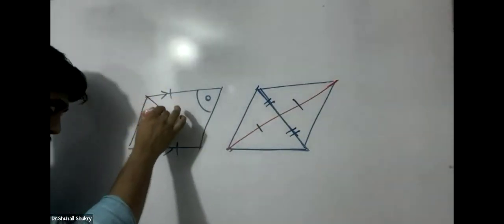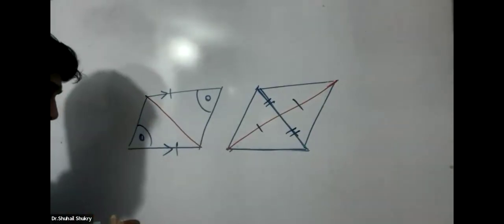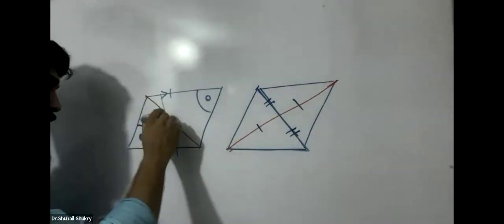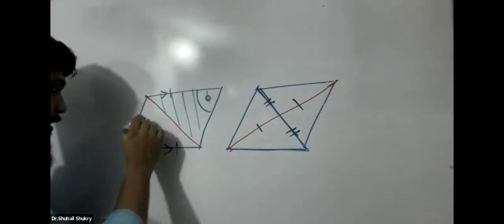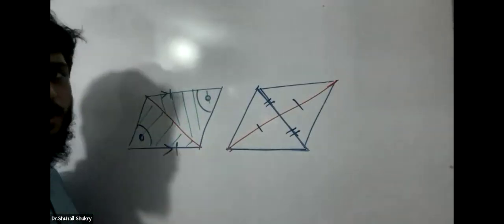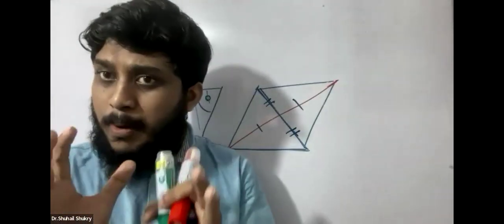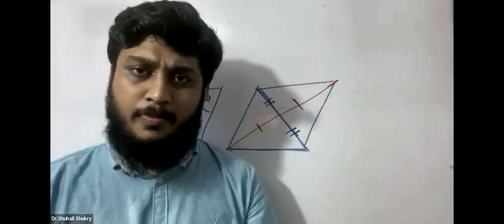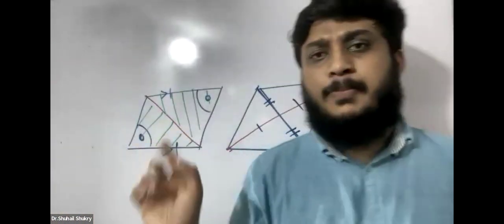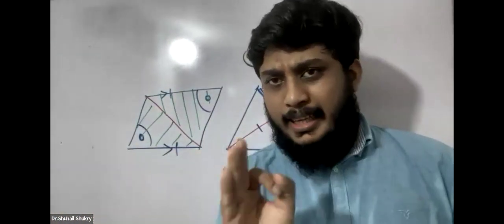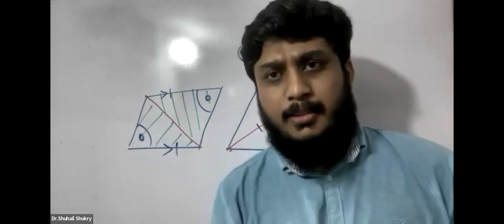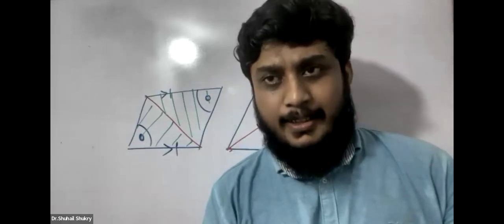If you draw a diagonal like this, this area and this area both are equal. So we can say diagonals bisect the area of the parallelogram. Or you can say in another way, diagonals divide the area equally in a parallelogram. Both ways we can say that, right?